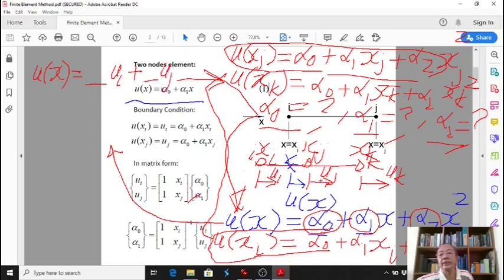So uj is here, or u at xj, plus one more term multiplied by uk. So uk is the nodal displacement at k.